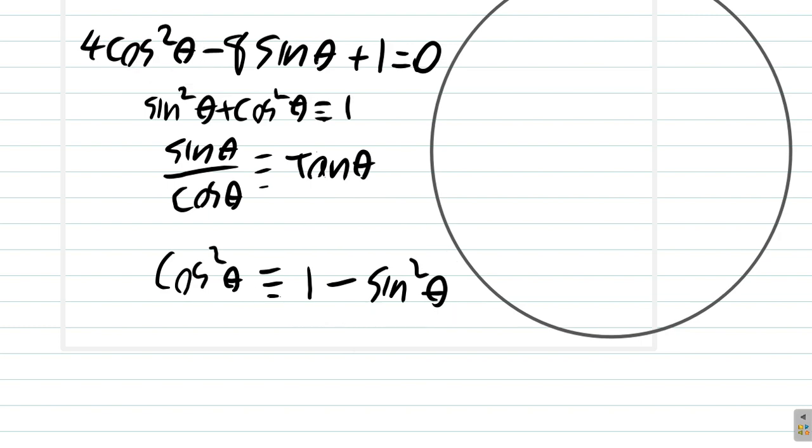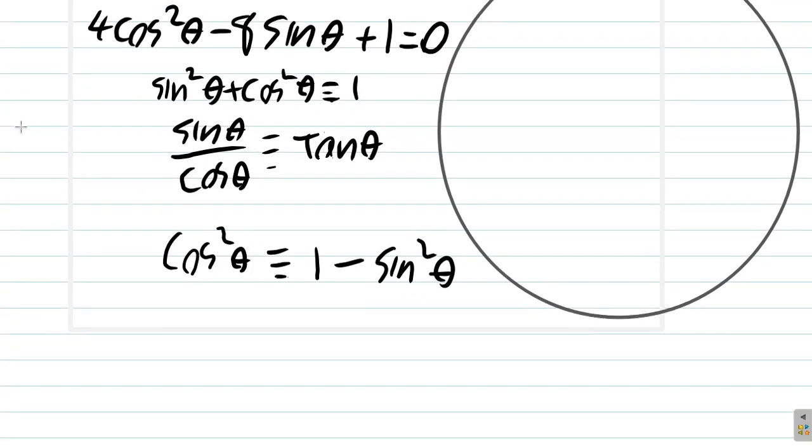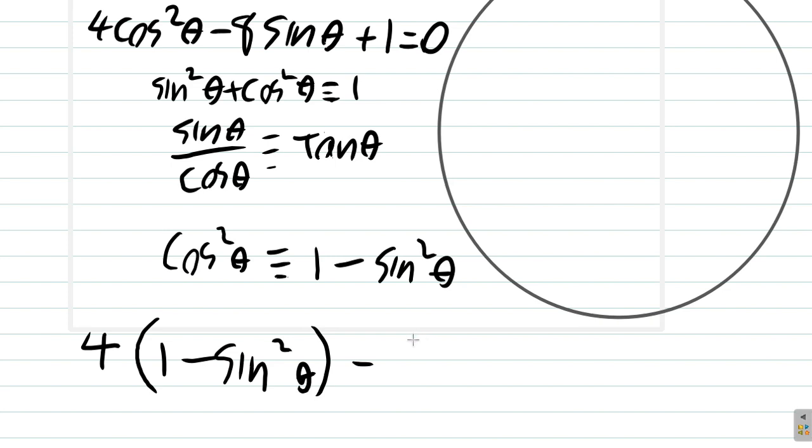So you have a number 1 and cos squared and sine squared theta. So let's do that. 4 cos squared theta, but cos squared theta now becomes 1 minus sine squared theta. See that? Minus, and you have the 8 sine theta plus 1 equals 0.